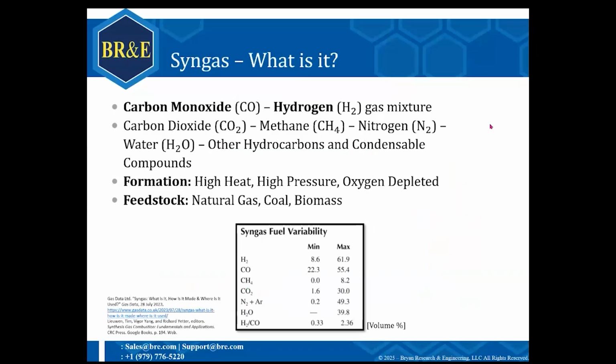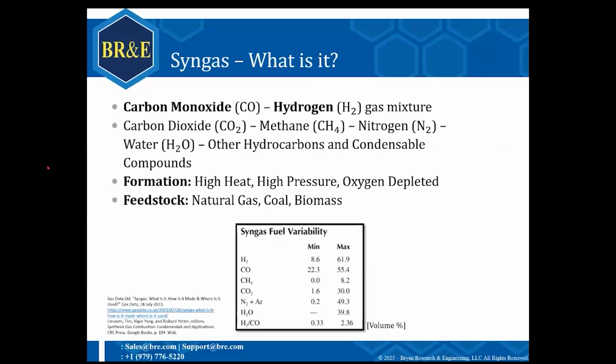So first, let's start to define what syngas is. Syngas, or synthetic gas, is a gas mixture containing carbon monoxide and hydrogen. It may also contain other components such as carbon dioxide, methane, nitrogen, water, or other hydrocarbons with condensable compounds.